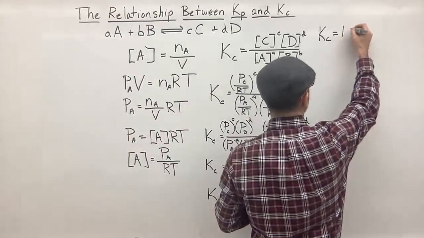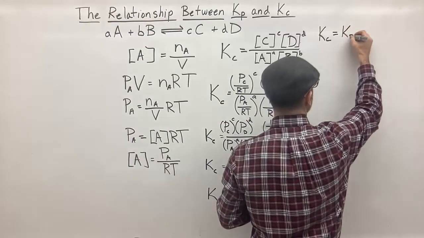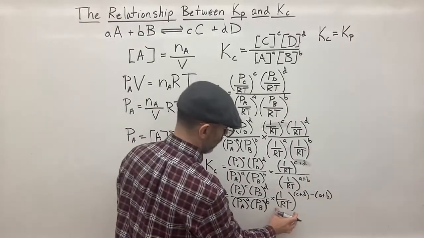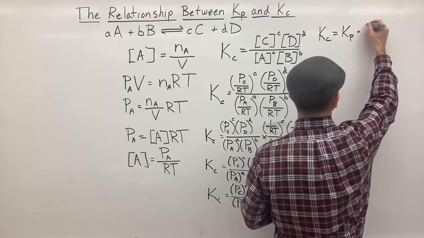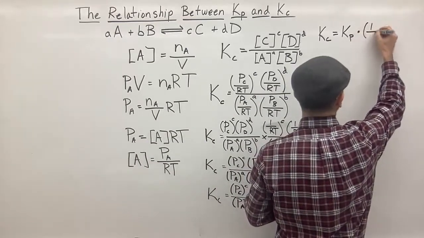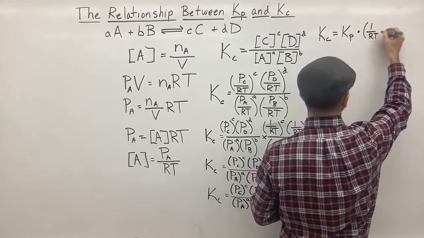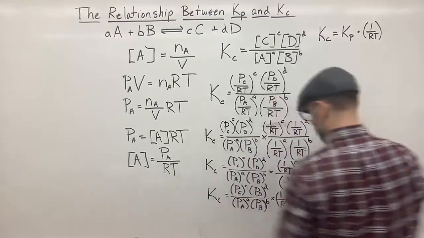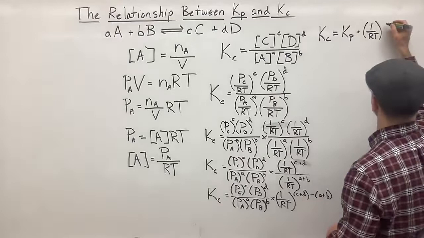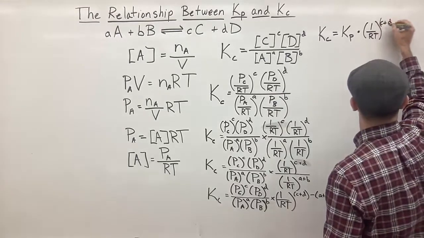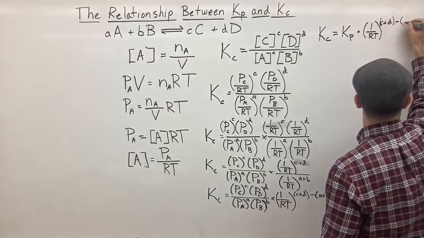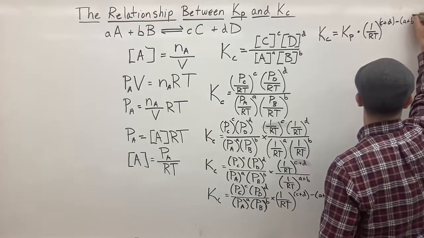So then we have Kp there, and then this becomes multiplied by 1 over RT, and then we have this expression here. So that's going to be C plus D minus A plus B.